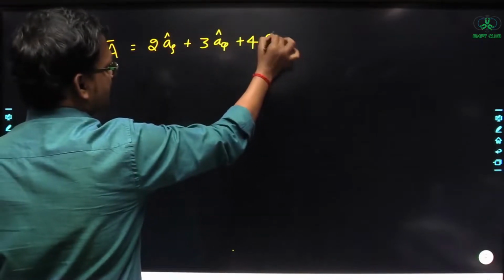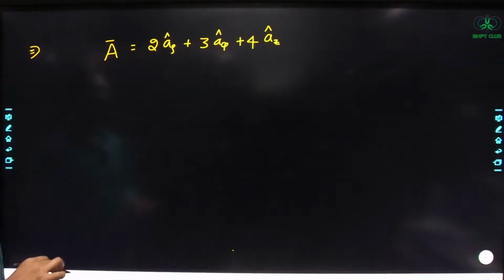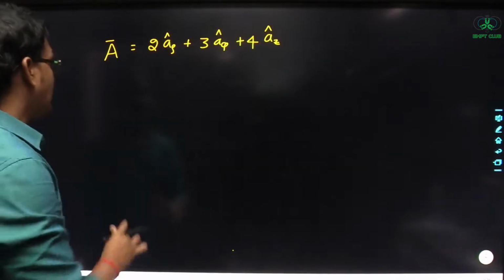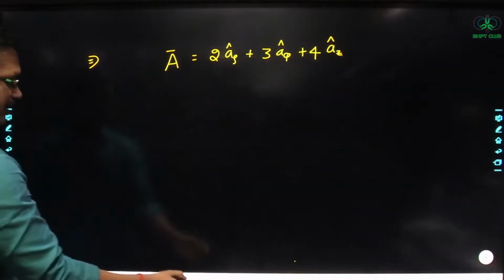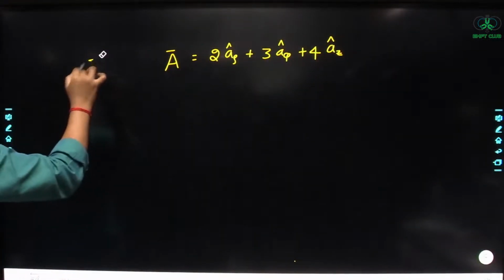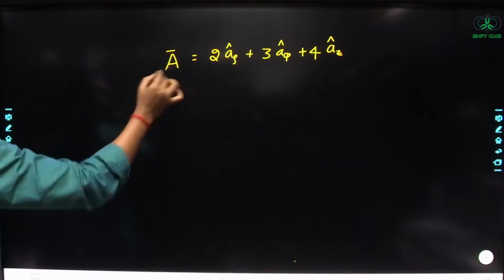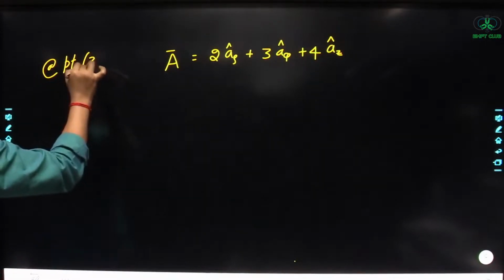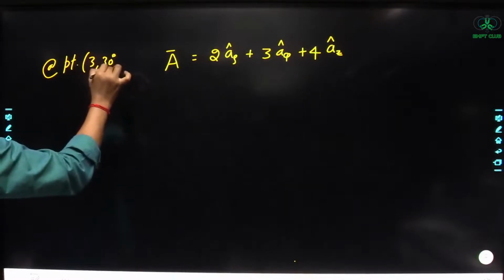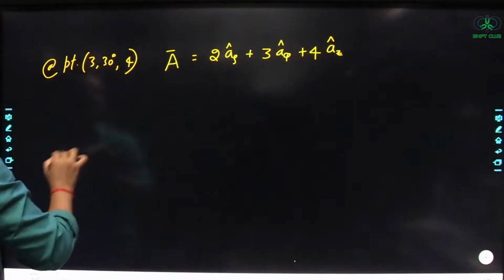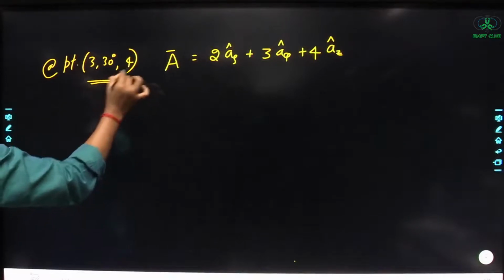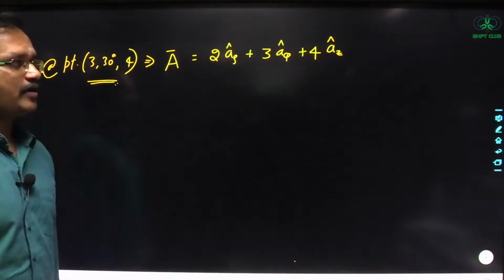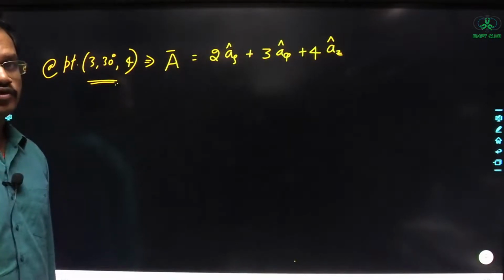I have considered a vector a bar equal to 2 arrow cap plus 3a5 cap plus 4az cap, and I am defining this vector at the point 3 comma 30 degrees comma 4. So at the point 3 comma 30 degrees comma 4, I have defined a vector a bar equal to 2 arrow cap plus 3a5 cap plus 4az cap.